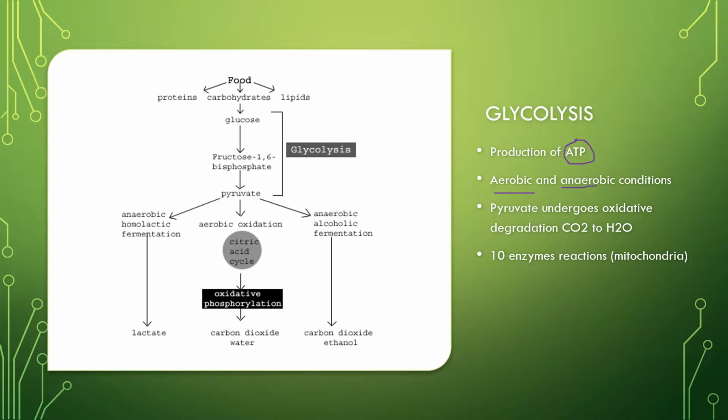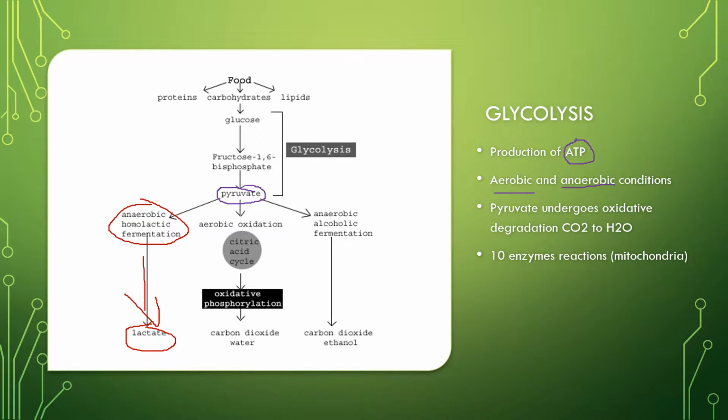Okay, so we have an aerobic and an anaerobic pathway that the new pyruvate can take. So there is the anaerobic fermentation, or homolactic fermentation. That's one pathway, and that's obviously going to make lactate.